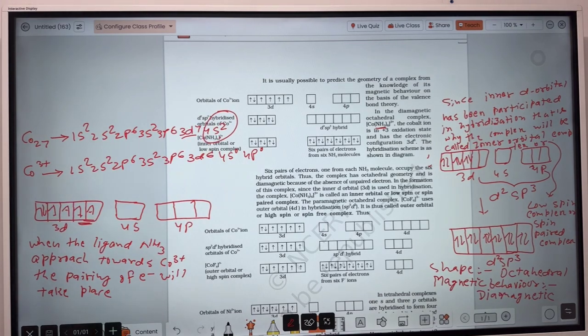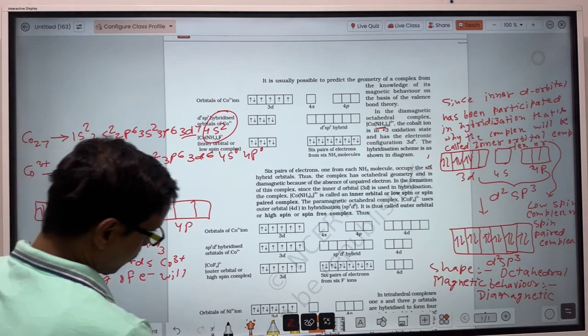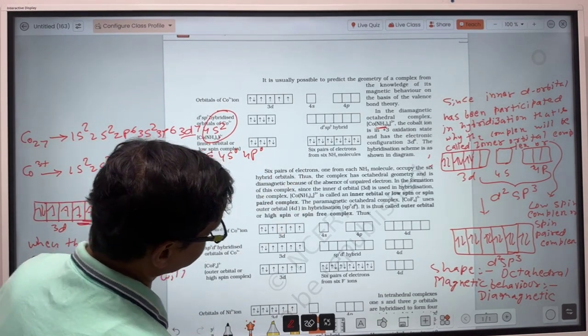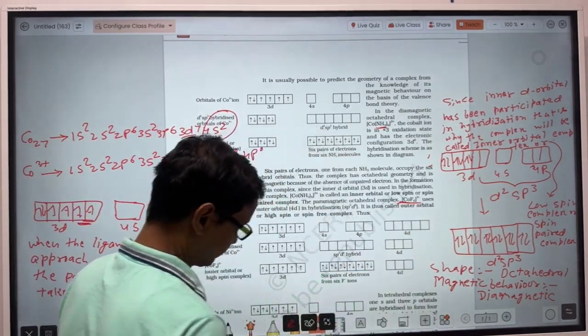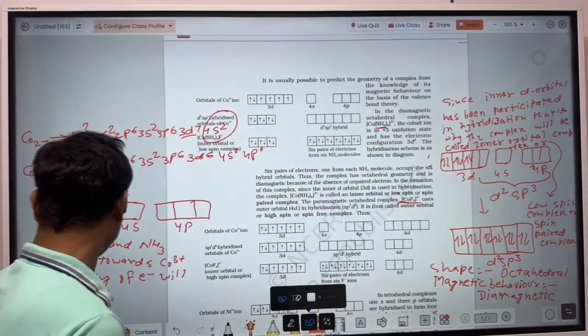Okay. Now we will discuss the bonding in CoF6 3 minus. So now we discuss the bonding in CoF6 3 minus. This one. Let's see.